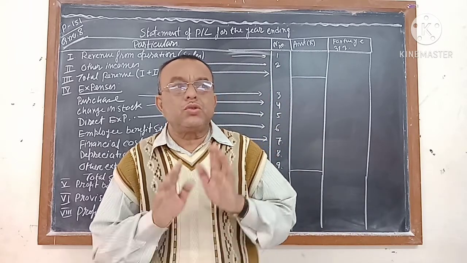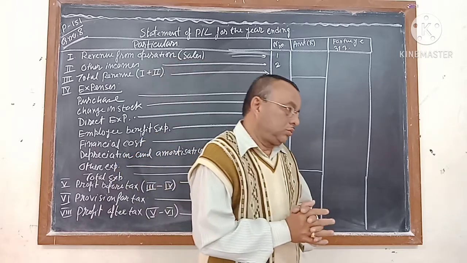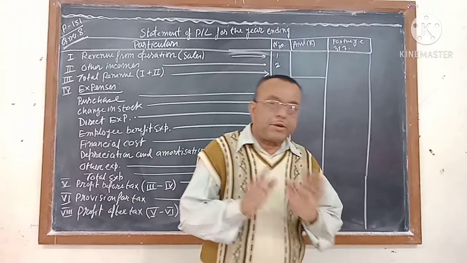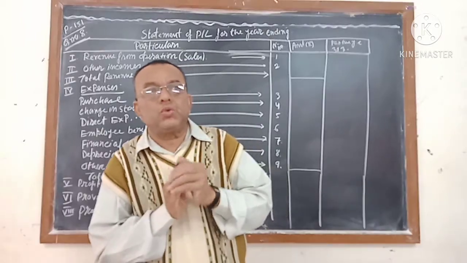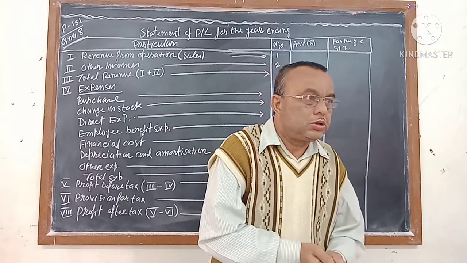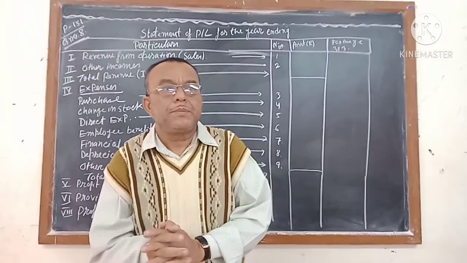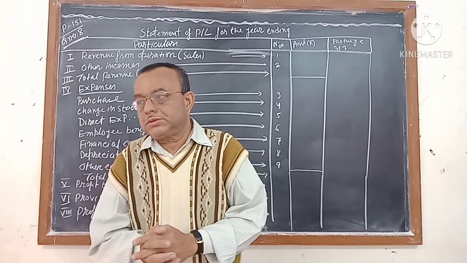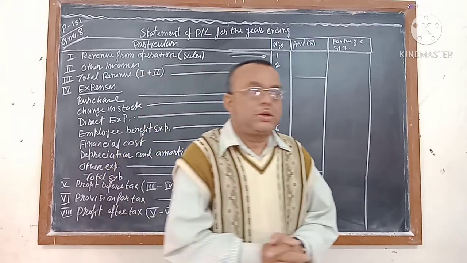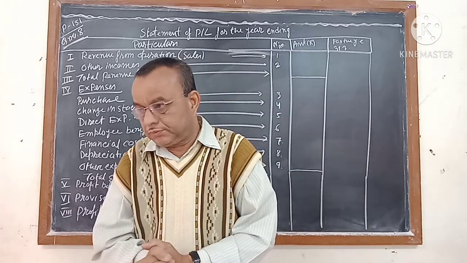You have to know what this chapter overall is telling: the method, the procedure, the systematic way to write the balance sheet and the statement of profit and loss account.